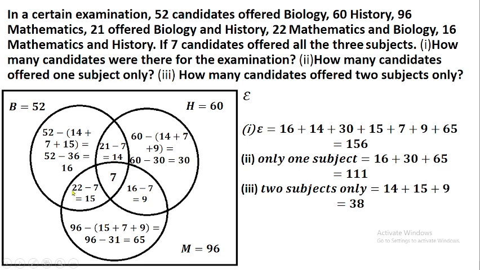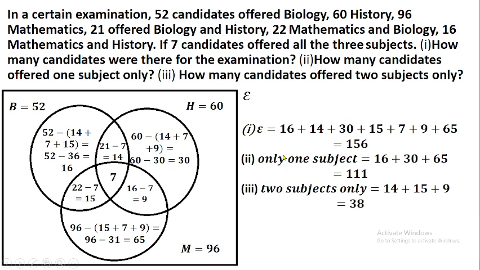If you don't know the number of students that offered the three subjects, then you can easily represent it with a variable x. All you need to do is do it the same way we did this one. This is what we are going to be seeing shortly in the next video, in the next slide.